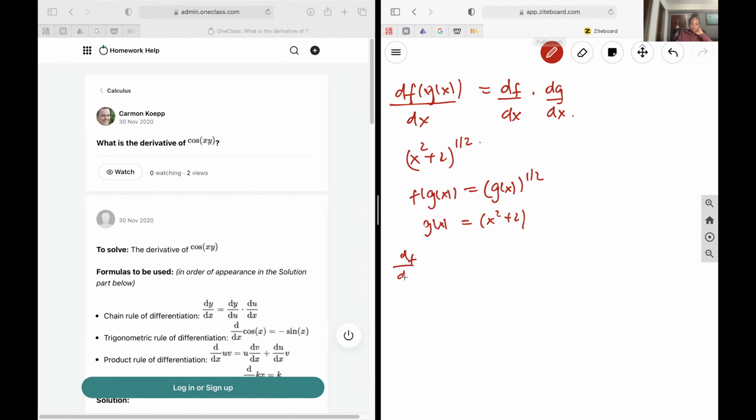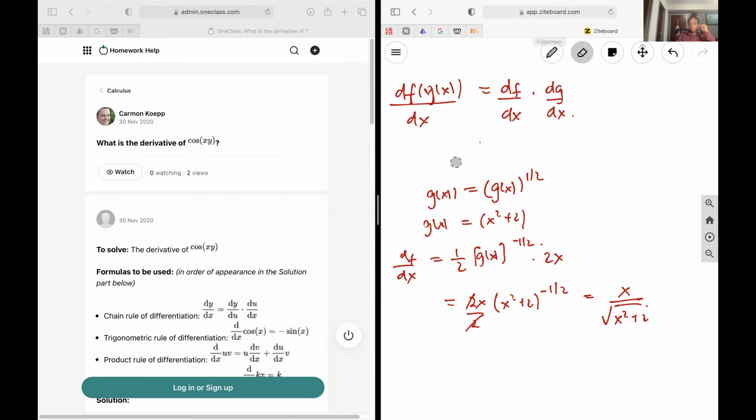So df over dx is going to be 1 over 2 g of x to the power of negative 1 over 2 multiplied by dg over dx, which is 2x. When I put back in g of x, I get 2x over 2 times (x squared plus 2) to the power of negative 1 over 2. These 2's will cancel, and I will get x over the square root of x squared plus 2. That's how you utilize the rule I've just written down for you.